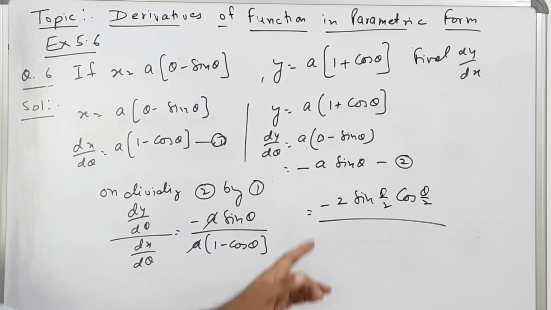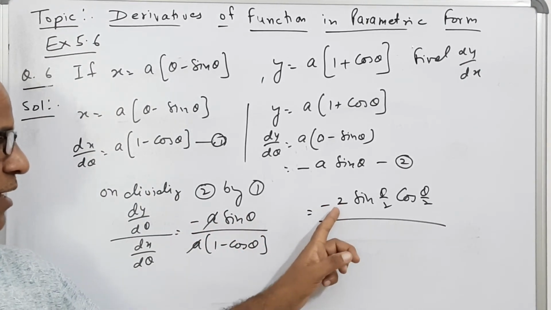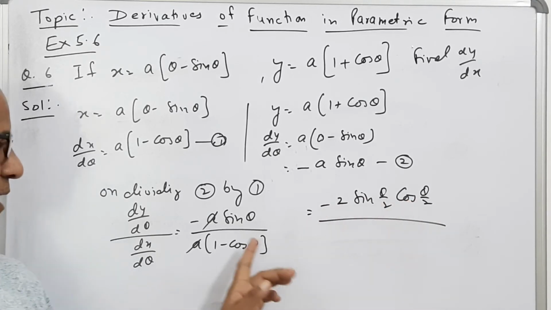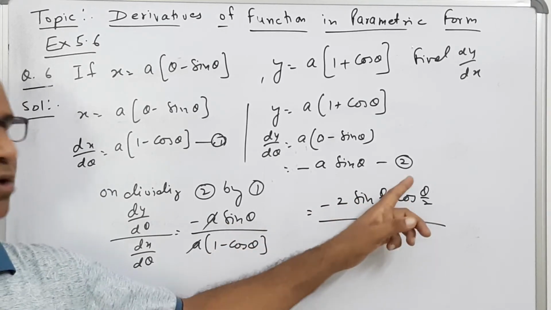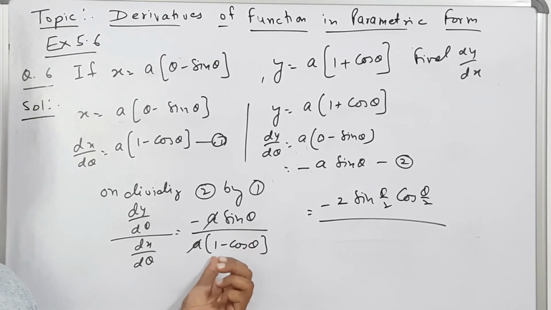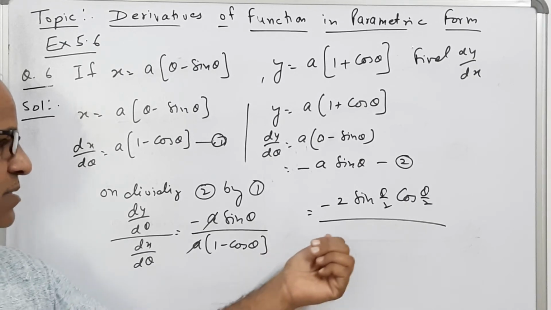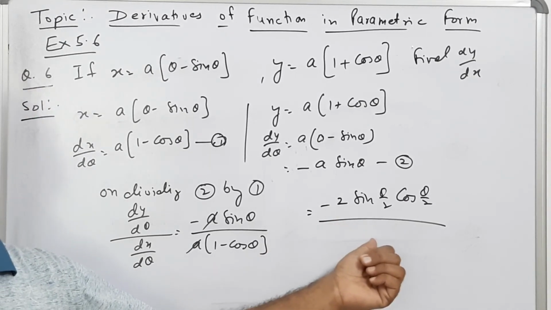Please see this trigonometry. You know the formula of sin 2a is 2 sin a cos a, but it is sin theta, so theta by 2, theta by 2. Another formula: 1 minus cos 2x is 2 sin square x.